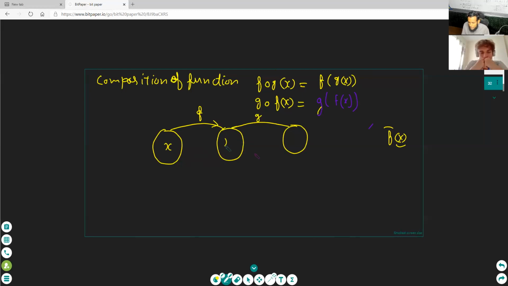This is f of x. Here we are using the domain x, and then we get f of x. Then we use f of x as the domain in g, and then we get g of f of x. Clear?